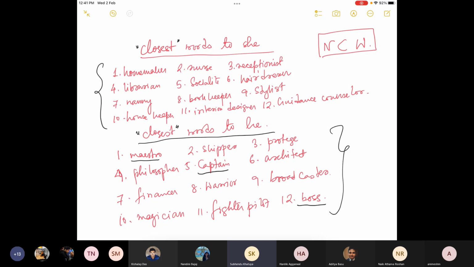For she, it's more of a keeper. Absolutely correct. So this is more of a power portrayal for he, and for she, this is more like a keeper. Okay.